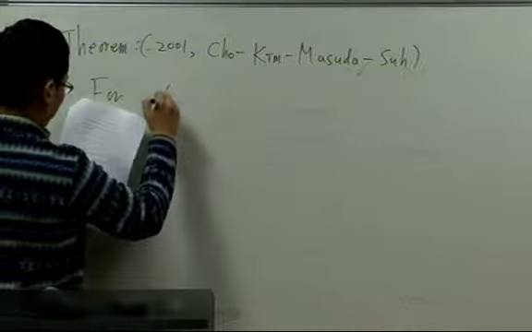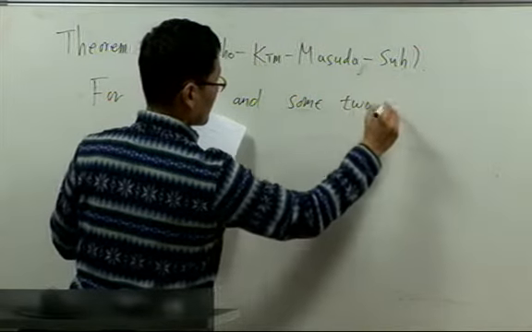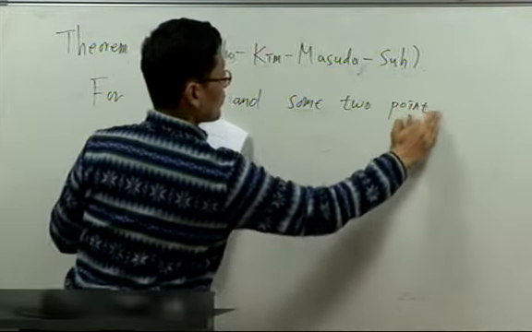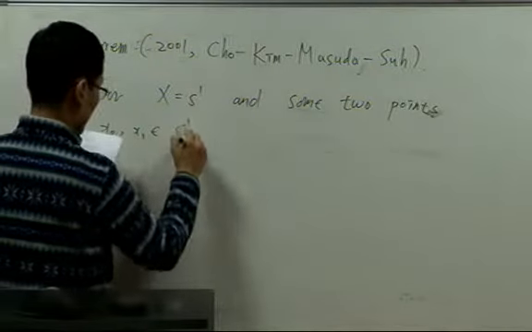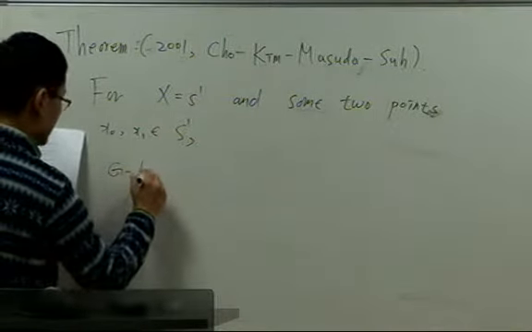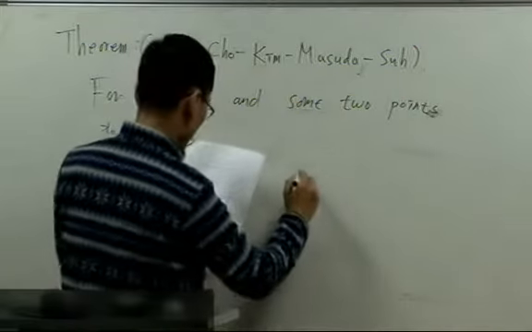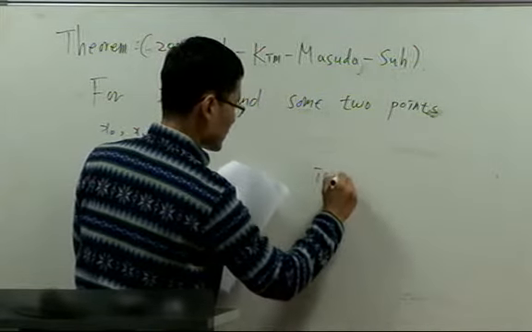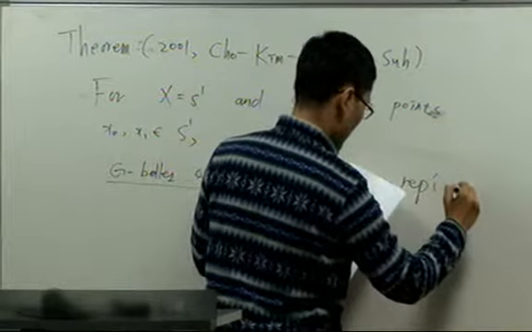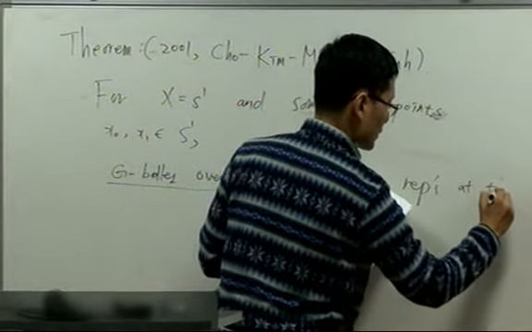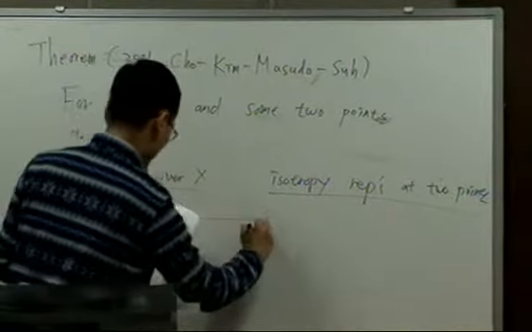For X equal to S1 and some two points x0 and x1, G bundles over X are in one-to-one correspondence with isotropy representations at the two points. Here the mapping is given by this.